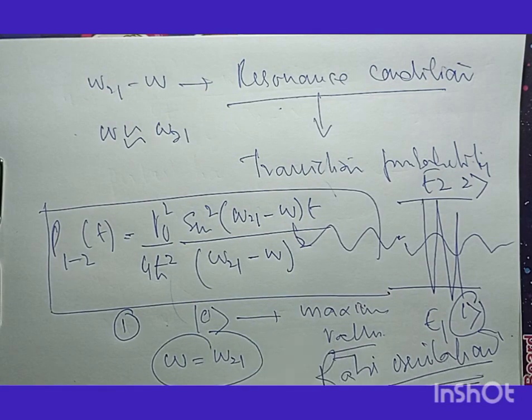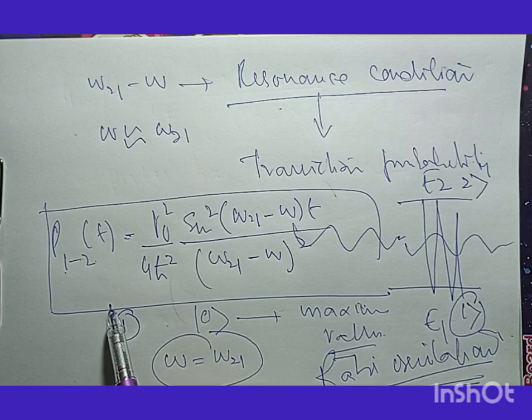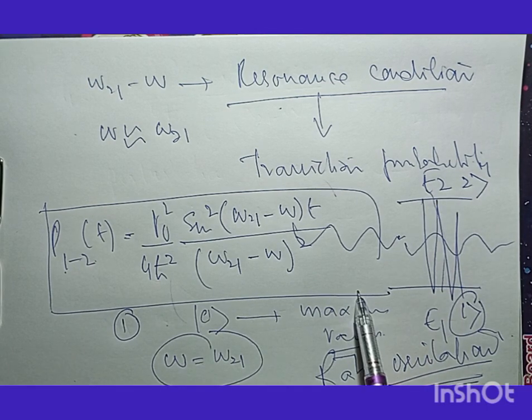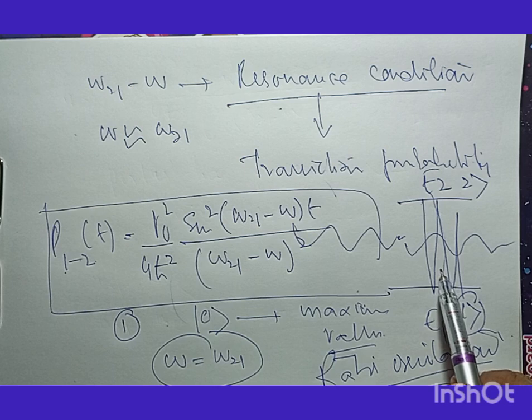For a long time limit, P of t becomes significant only near the resonance. At resonance, the system undergoes a transition, from the lower state to the higher state.